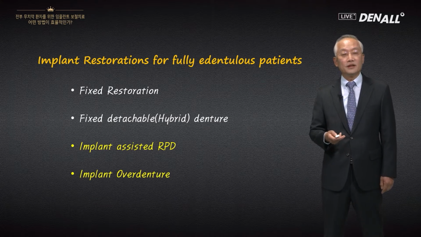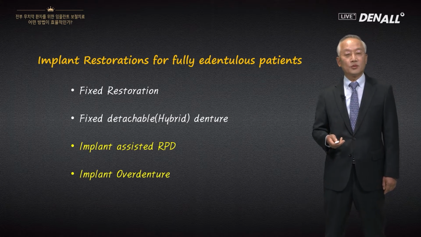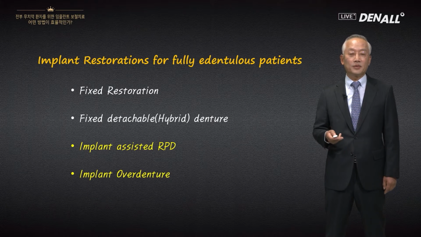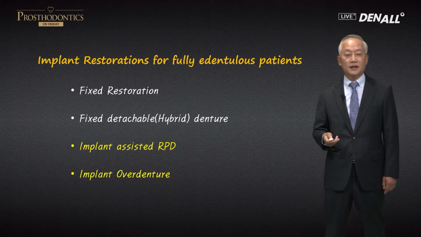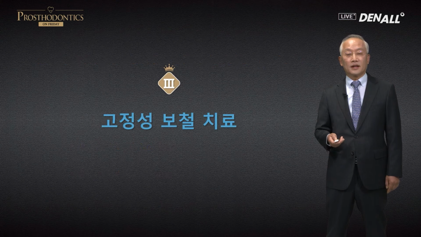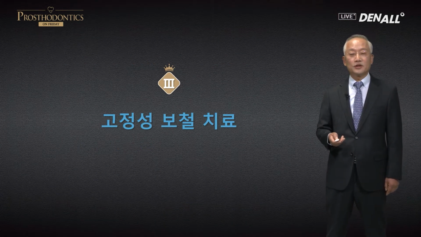The implants used for full denture patients can be divided into fixed and removable types. Fixed can be divided into fixed restoration and fixed detachable denture, and removable can be divided into implant-assisted RPD and implant overdenture. Let's look at each in detail, looking at the fixed restorations first.